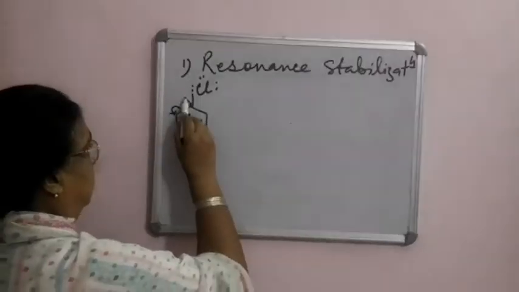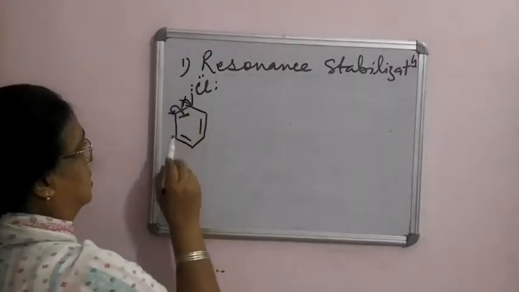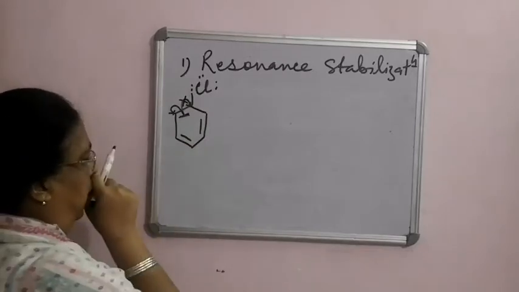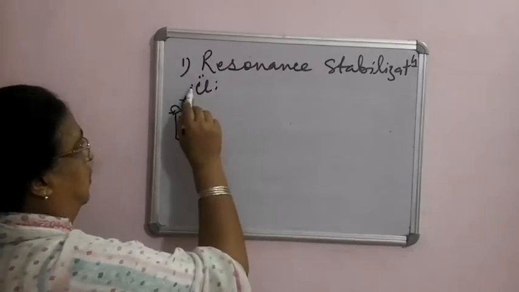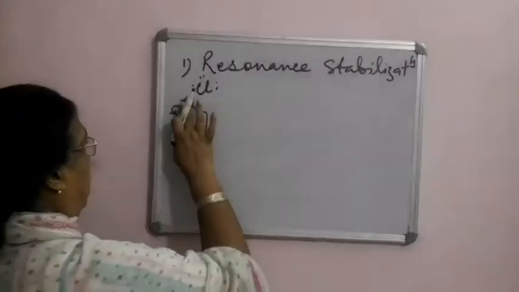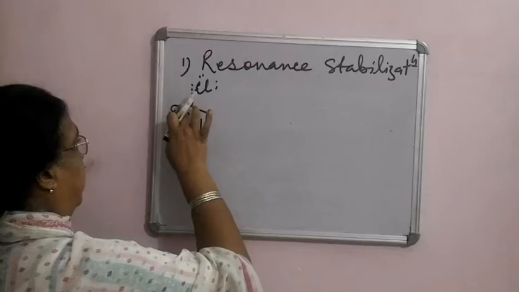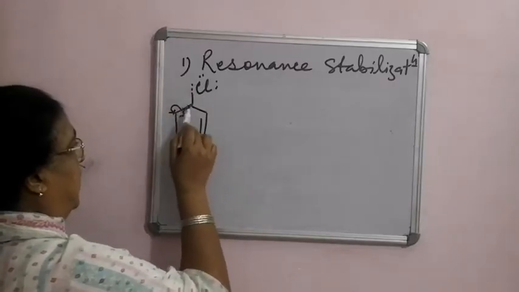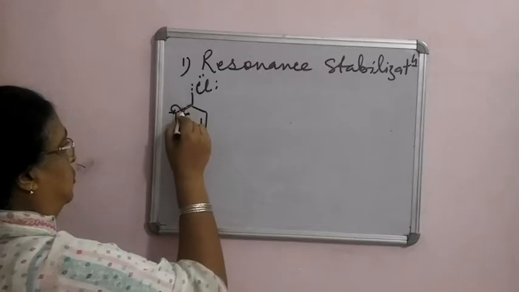It will not come to this side because this carbon is attached to chlorine, and this chlorine is electronegative, having already three lone pairs. So repulsion will be caused. Therefore, this pair of electrons will not be transferred on this carbon. Instead, it will be transferred to this carbon.